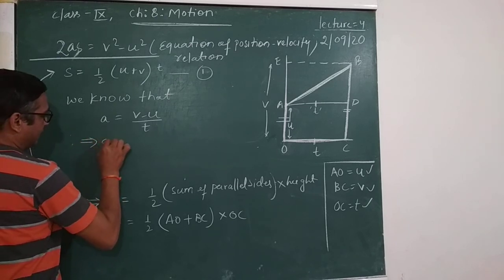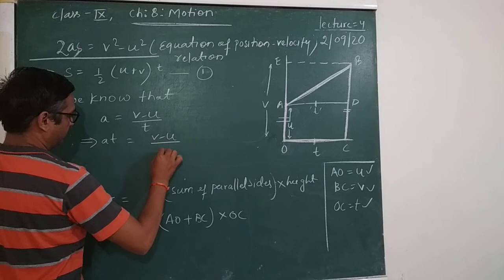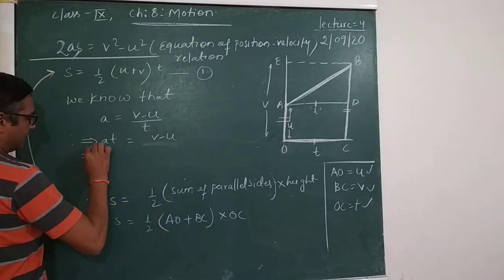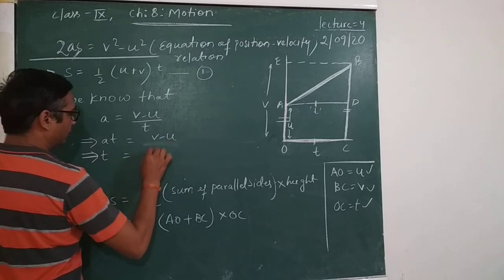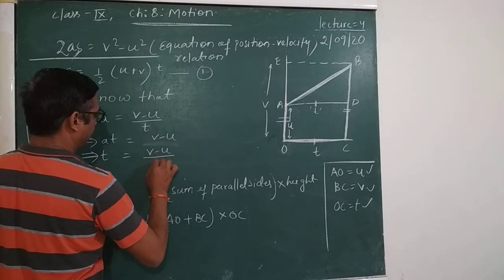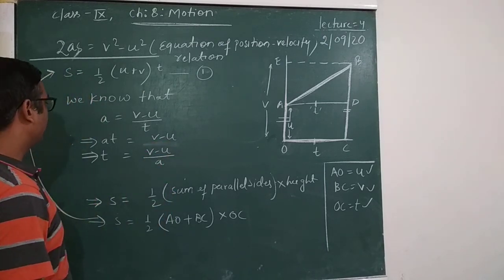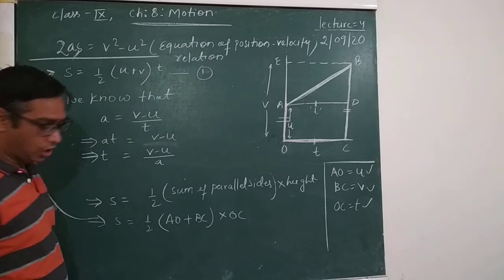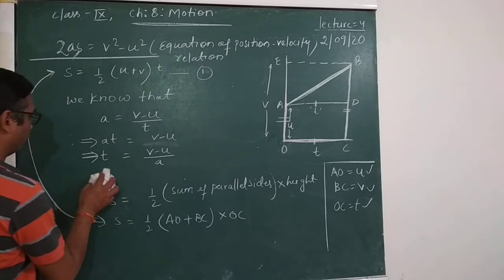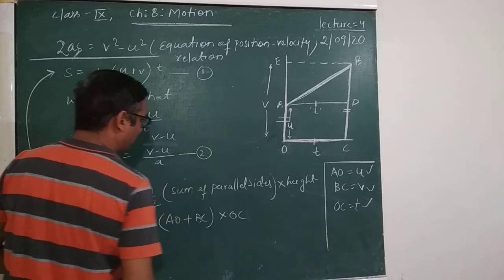So we can write at is equal to v minus u, and t is equal to v minus u by a. Correct? v minus u by a. You can name this as equation 2.